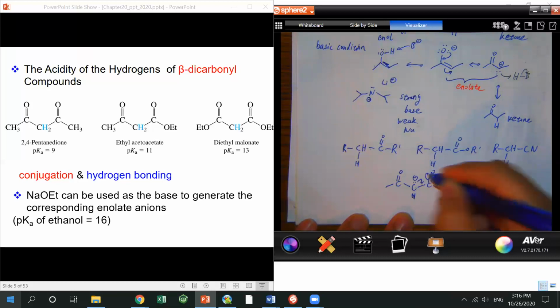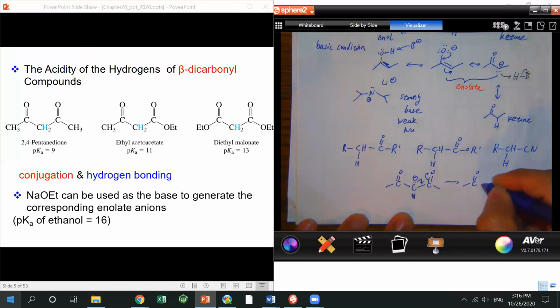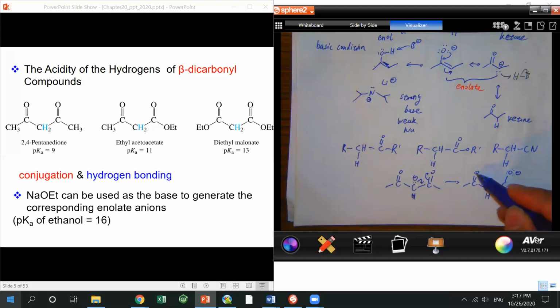The C=C double bond will conjugate with the C=O double bond, which makes the enolate more stable.